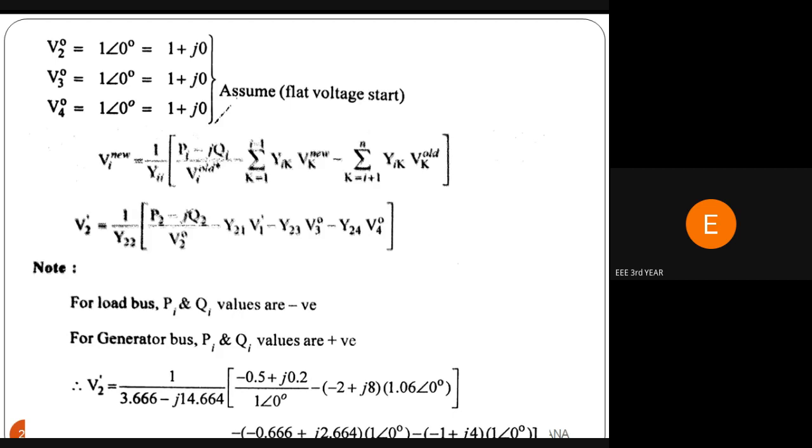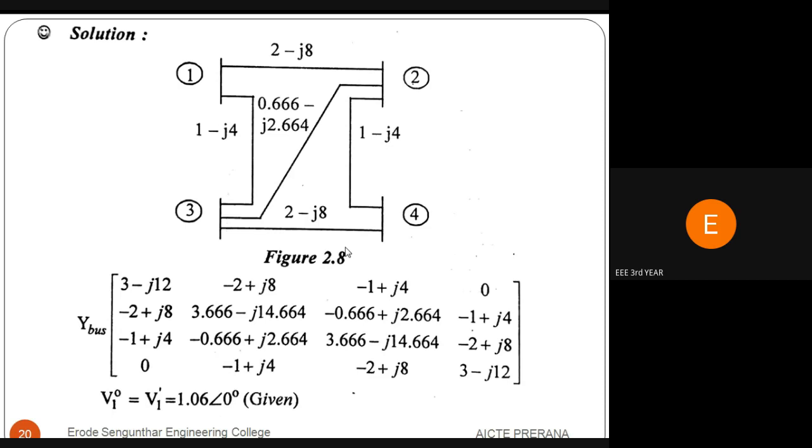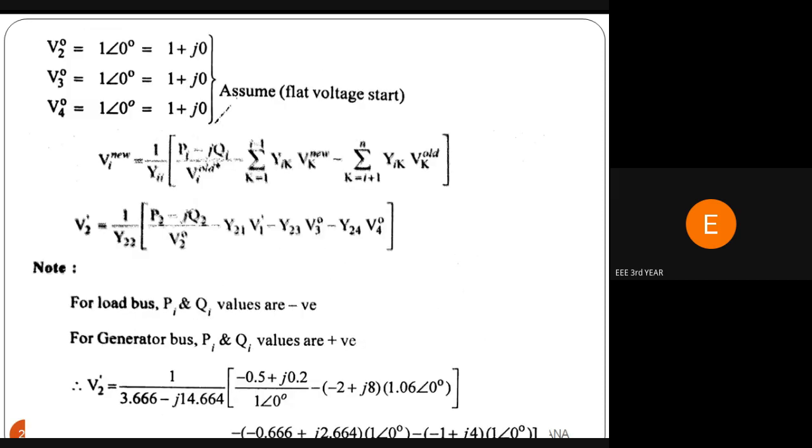Minus Y24. The Y24 value is minus 1 plus j4, into V4, and the V4 value is 1 at an angle 0.